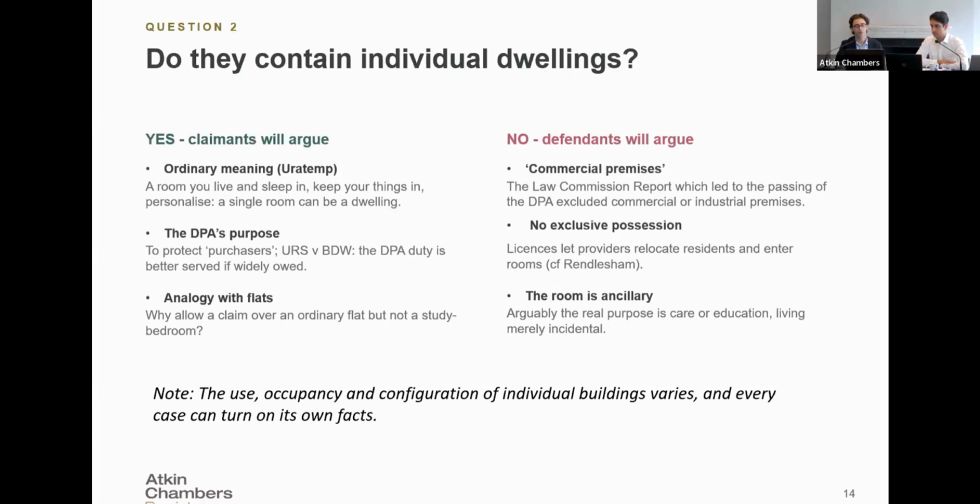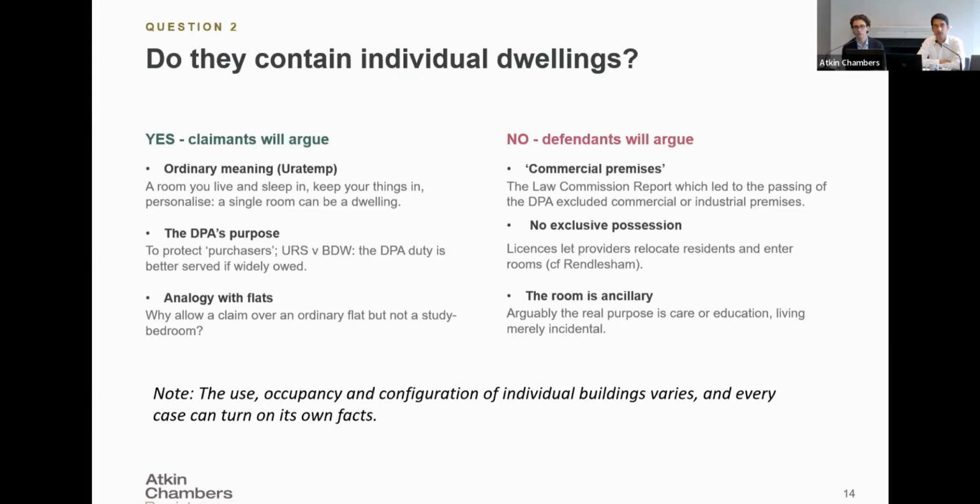And then moving to the second question, if we think that the whole building probably isn't a dwelling, applying Rendlesham, does the building contain individual dwellings, and what is the significance of that? It's probably worth saying at the start that a claim under the DPA can still be brought in respect of parts of a building which are built or constructed in connection with the provision of a dwelling.